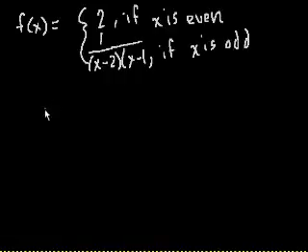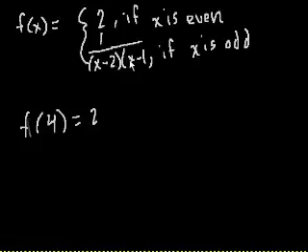What is a valid x I can put in here? So immediately we have two clauses. If x is even, we use this clause. So let's say that f of 4, well that's just equal to 2 because we use this clause here. But this clause applies when x is odd. And just like we did in the last example, what are the situations where this kind of breaks down?